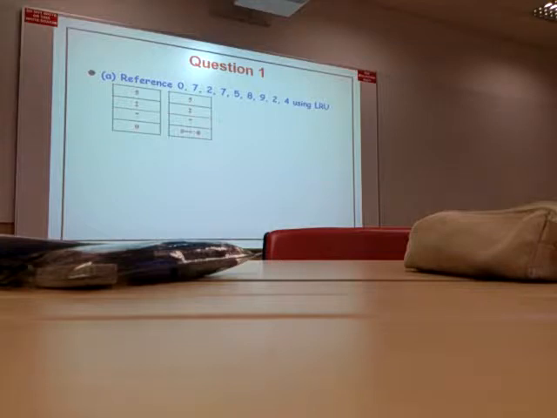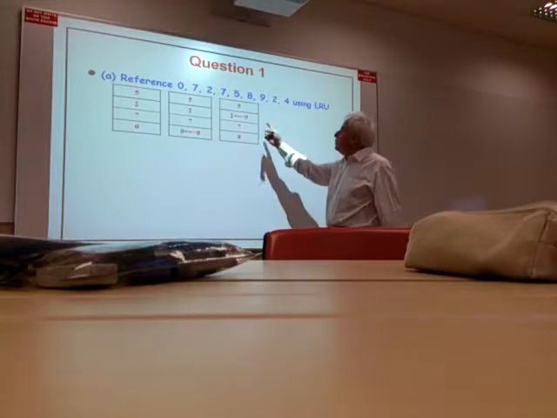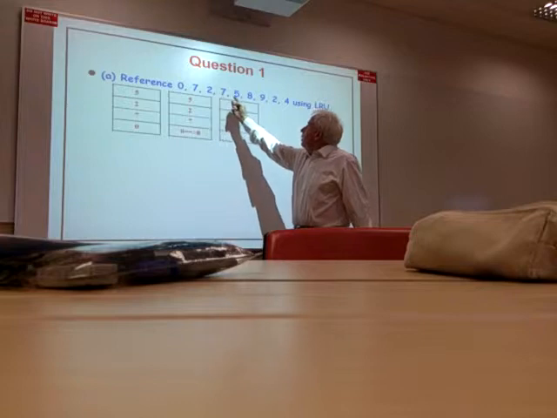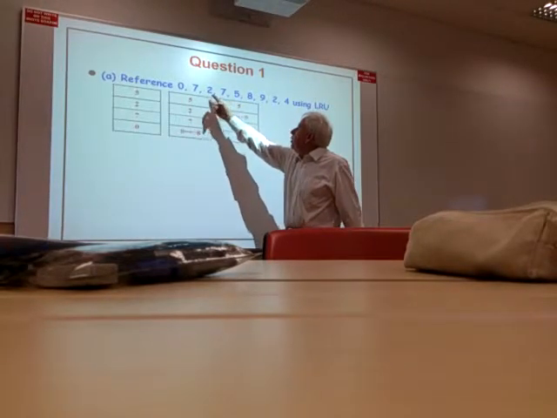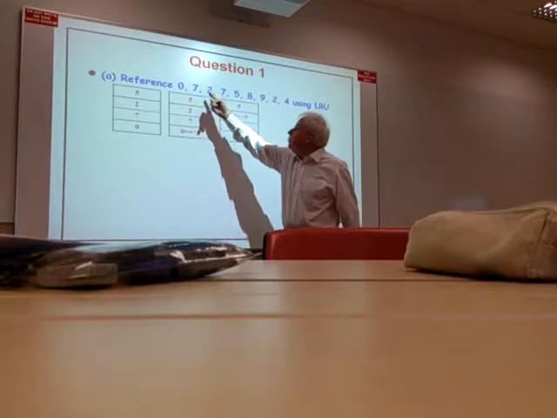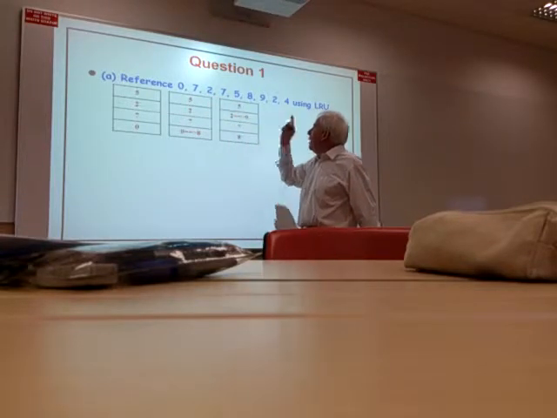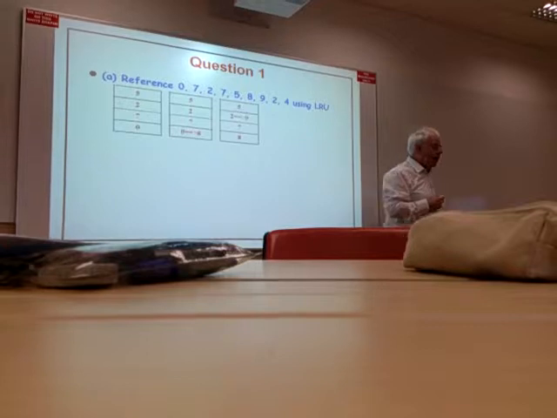Then we try to load 9, and again using the least recently used algorithm, 7 was used more recently than 2, so 2 is the least recently used, so we replace 2 by virtual page 9.